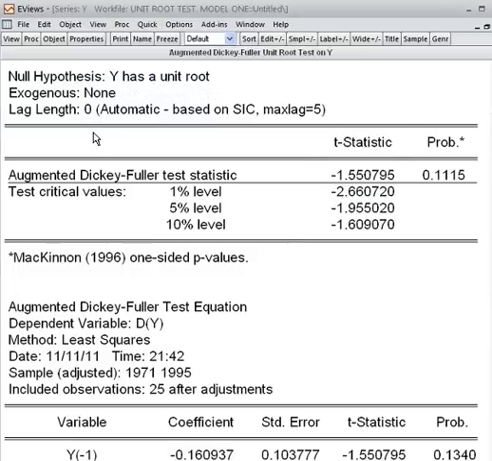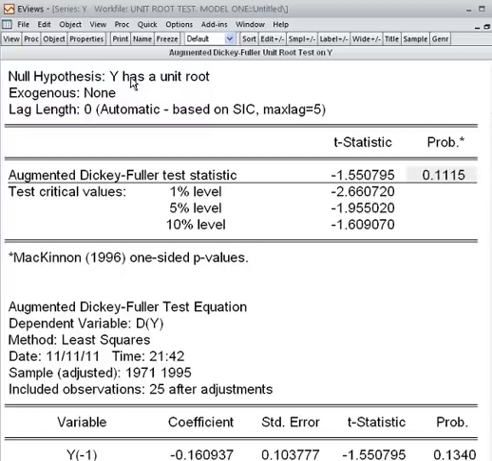So you see the outcome, null hypothesis, y has a unit root, and there is none. Now from here the probability value, or the p-value, is 11.15%, meaning that it is more than 5%. We cannot reject the null.